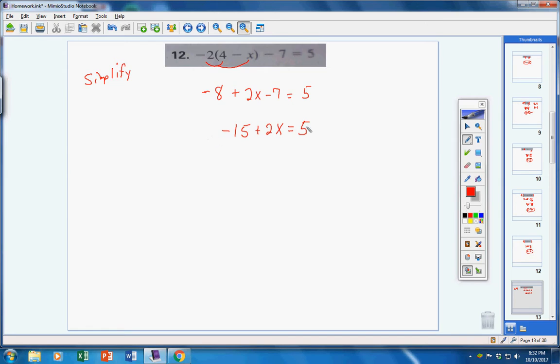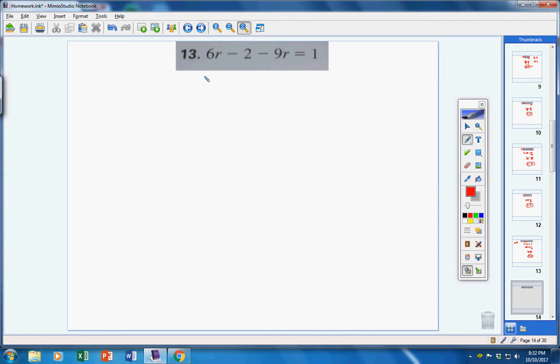Now on to step 2, eliminate fractions. Next, constant terms on one side, variable terms on the other. And we're left with 2x equals 20. Divided by 2, and x equals 10.